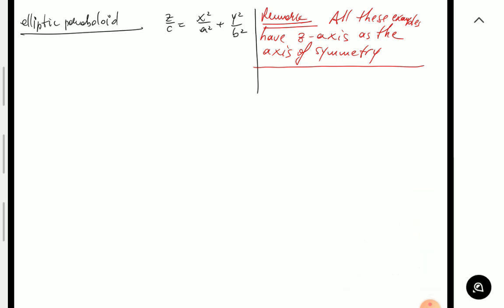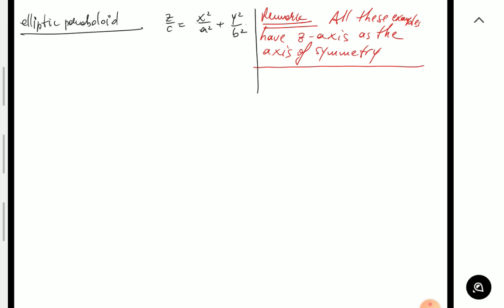So I'll show you an example in a minute. You should be able to recognize what goes on if, let's say, you have x instead of z, and then z and y, for example, x on the left, z and y on the right-hand side. Okay, so it'll be the same shape, but along the x-axis instead of the z-axis. So all of these are along the z-axis.